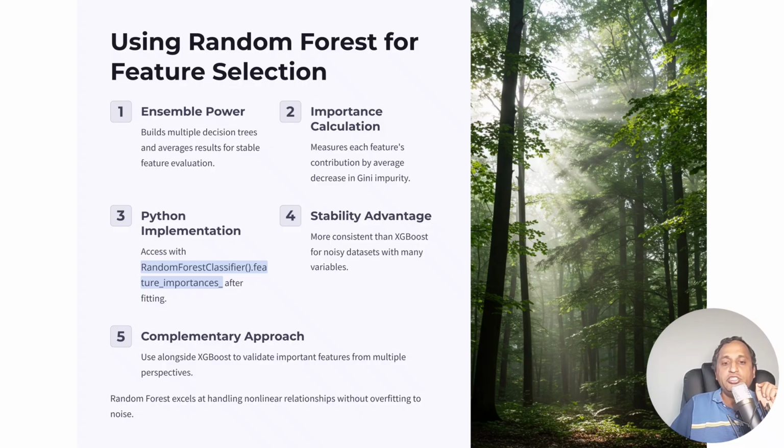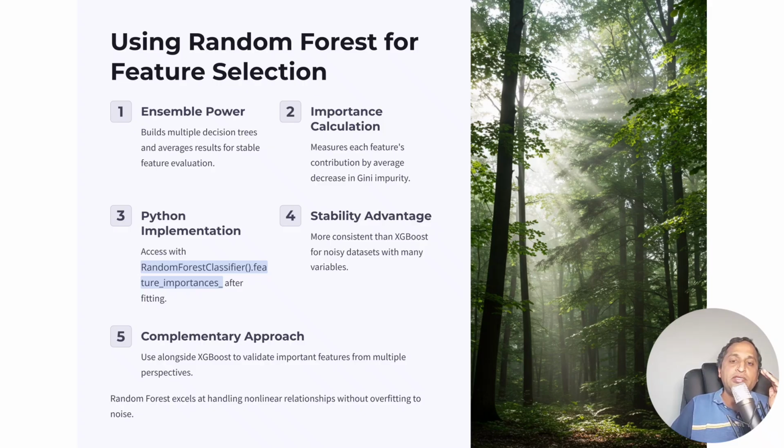In addition to XGBoost, another excellent tool for model-based feature selection is the random forest algorithm. Random forest is a powerful option, especially for noisy or high-dimensional data sets. It builds many decision trees, each trained on a different subset of the same data.